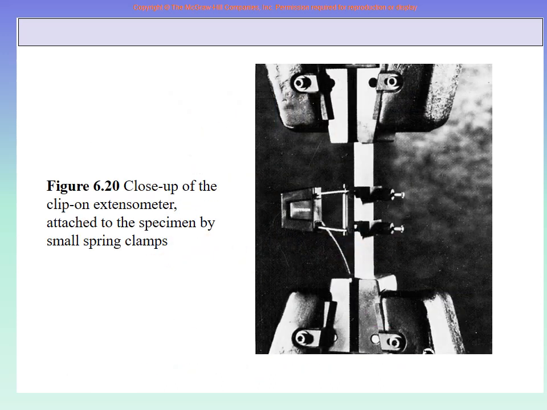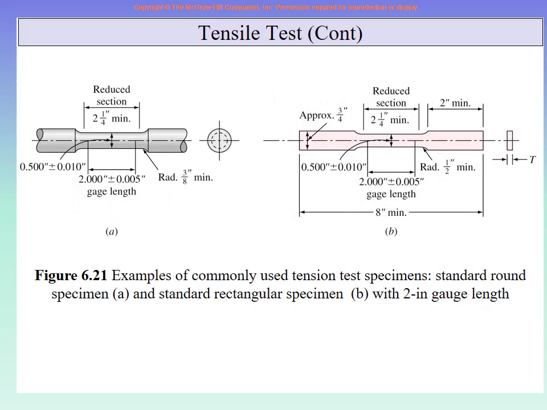And then a close-up of a piece which is fixed into the grips and on which the extensometer has been attached. We showed you the exact dimensions of a round bar and a flat bar that is used for tensile testing.